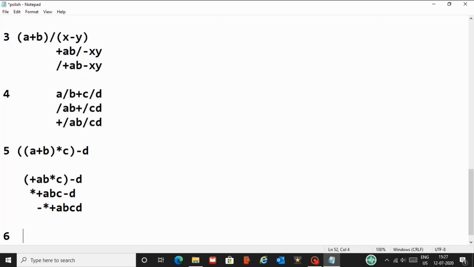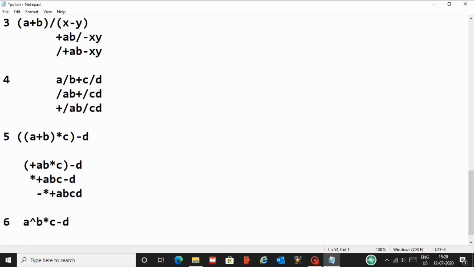Then A exponent B star C minus D. Please do this. I'll wait for two minutes and then I will solve it for you. But I want you to at least try doing it. It hardly takes a minute.